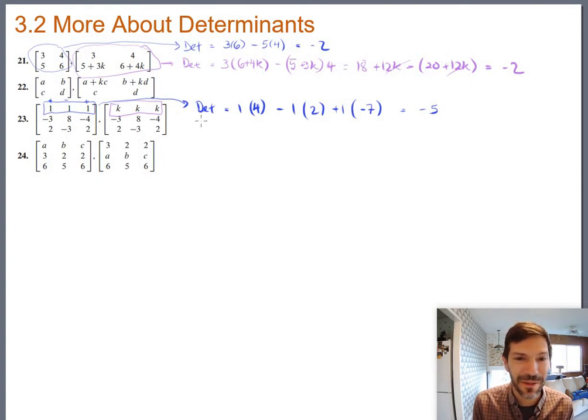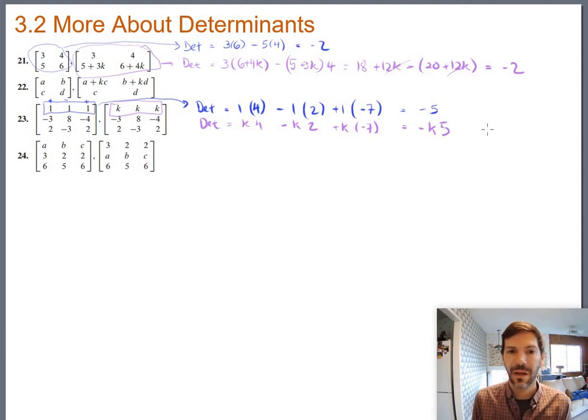So the determinant this time is going to be k, and then this is still 16 minus 12. So it's still k times 4, and this will be minus k times 2, and this will be plus k times negative 7. I can factor the k out of all of this and add the rest of it together. So for 23, we discover that multiplying a row by a constant multiplies the determinant by that constant.